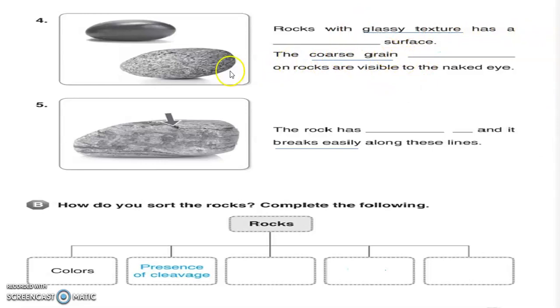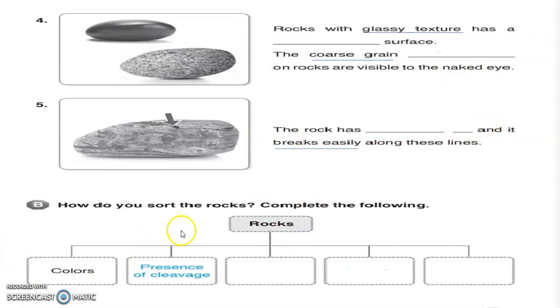Number 5, the rock has blank, and it breaks easily along these lines. Rocks with coarse grain, blank, or nuts are visible to the naked eye. I hope you understand our topic for today.